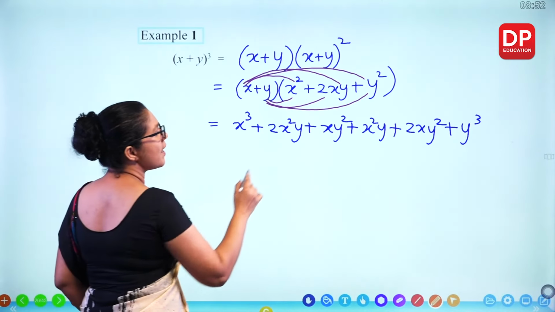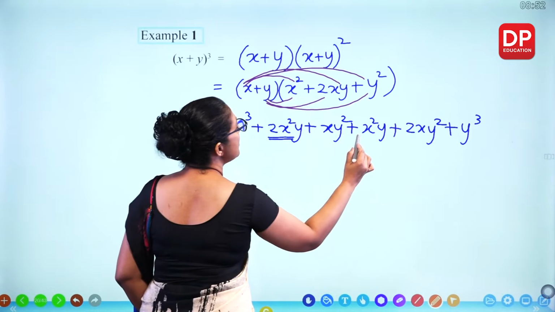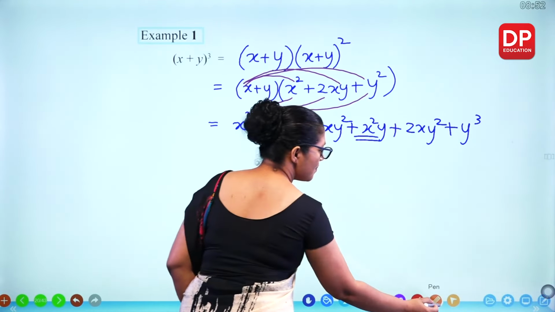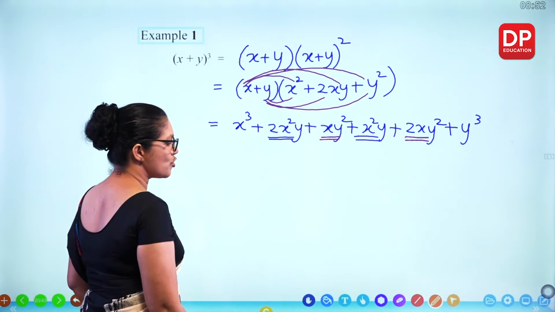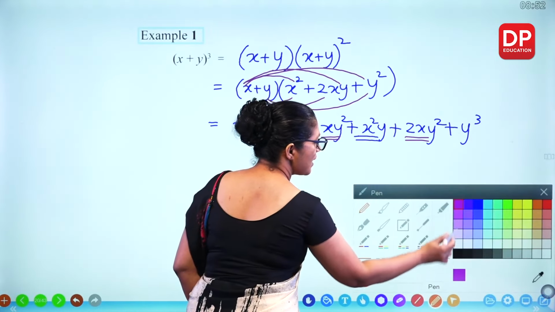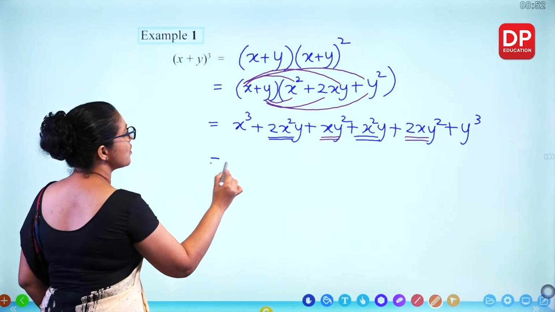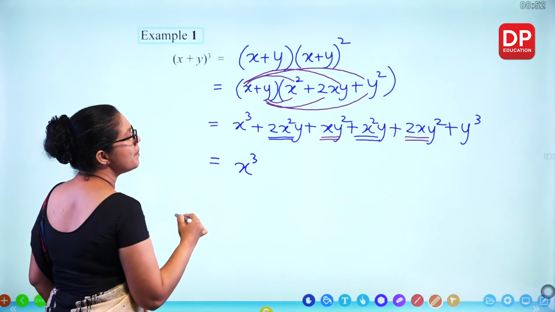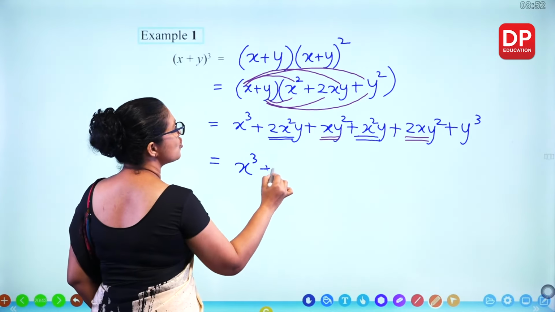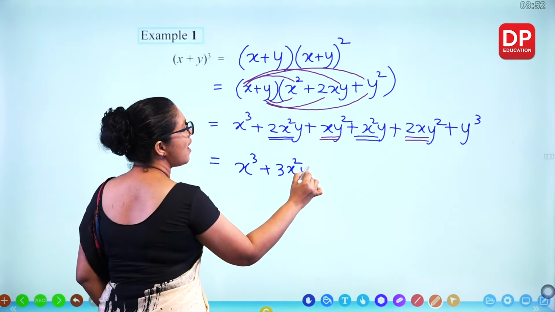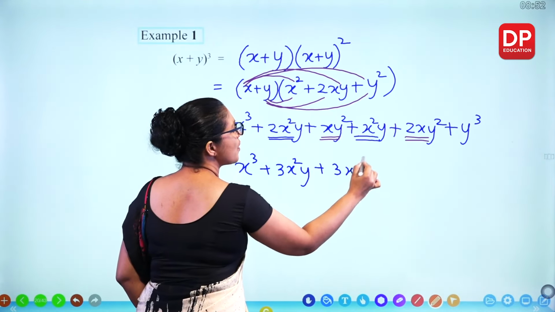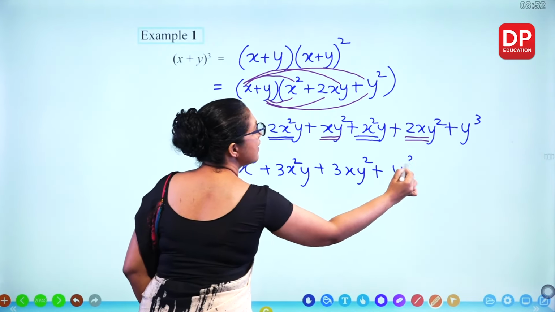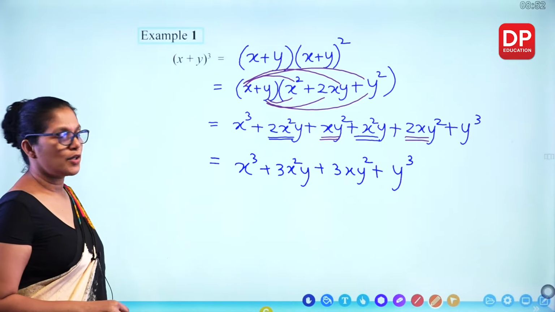Now simplify. This and this are like terms, and this and this are like terms, so you can add separately. So what you get here? x cubed. This and this you get 3x squared y. These two you get 3xy squared and y cubed.